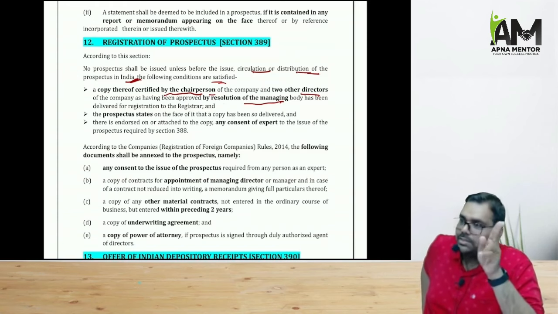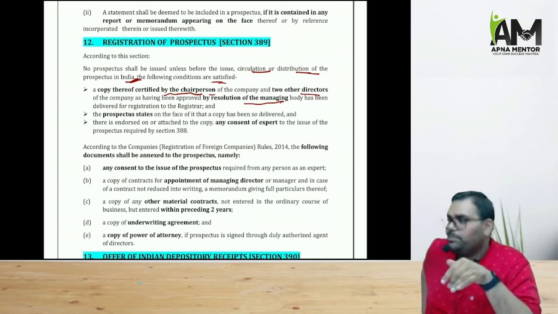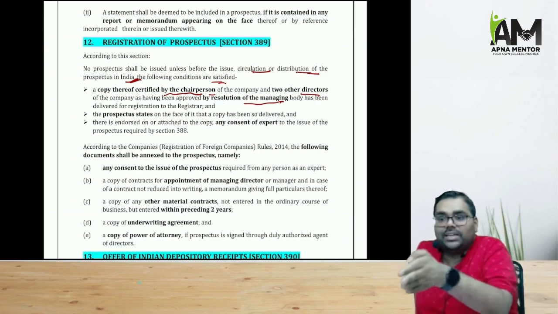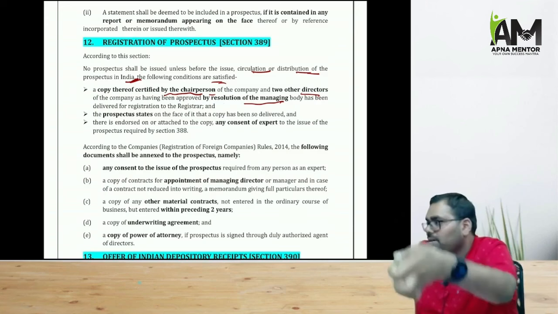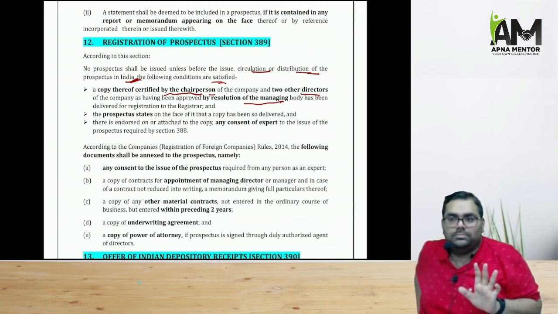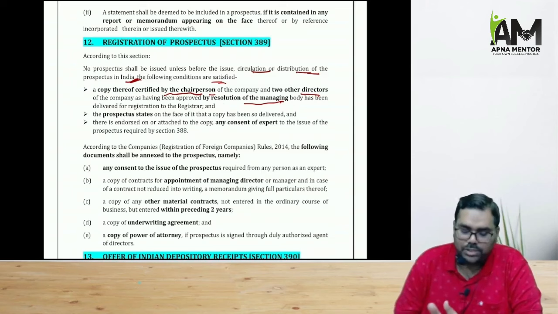Second condition, the prospectus that will be issued to the public will state on its face that the same prospectus has been delivered to the ROC. And thirdly, if the company has included the consent of an expert, a consent letter of the expert will also be attached. Only if the company satisfies these 3 conditions can they issue the prospectus, otherwise they will not be able to issue the prospectus.